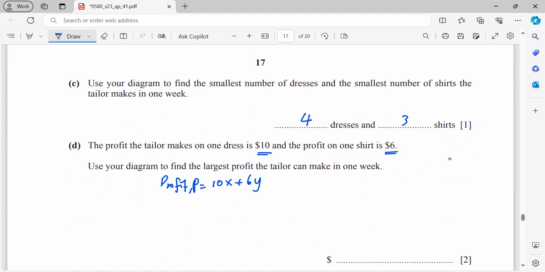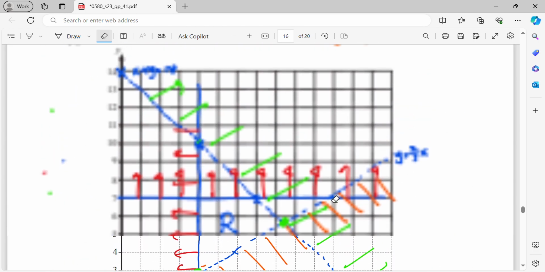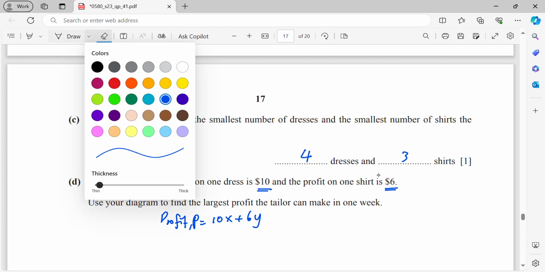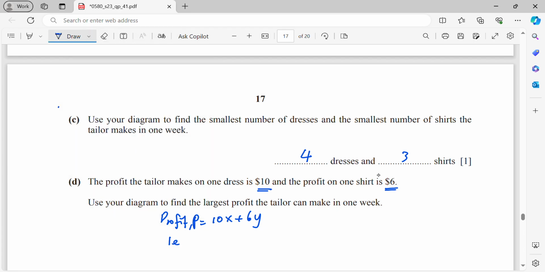10x plus 6y. So now you have to draw this line. You have to fix one value, so let's say 6. So probably I let P be 60. Alright, let P be 60. So 60 equals 10x plus 6y.